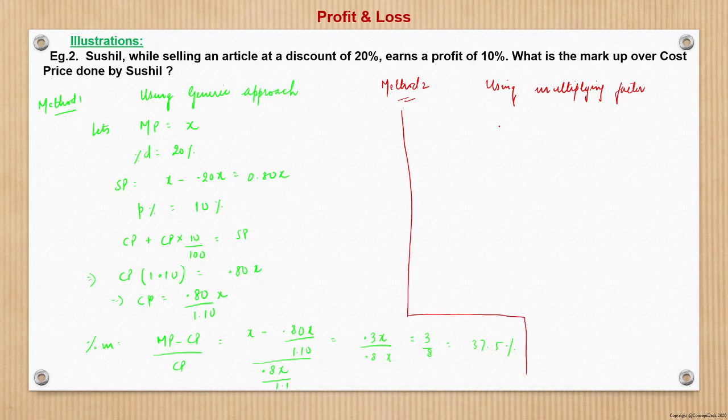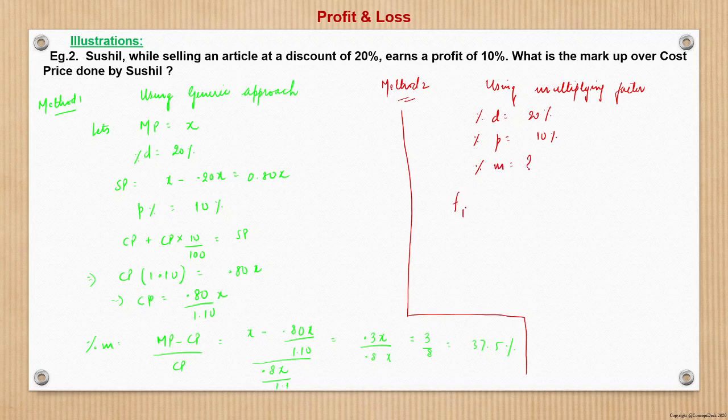Here we have been given the percentage discount as 20%, then the percentage profit as 10%, and we have been asked to find the percentage markup, right?